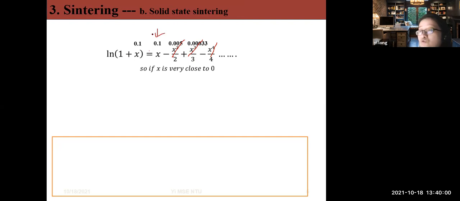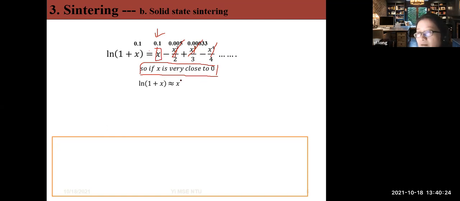They are too small, so we can make them negligible. So always remember there's a condition here: if x is very close to 0, then ln(1 plus x) is simply just the first term, and all the rest can be taken away. So ln(1 plus x) equals x.